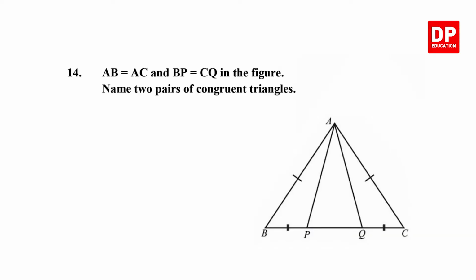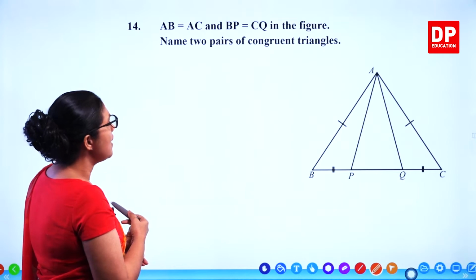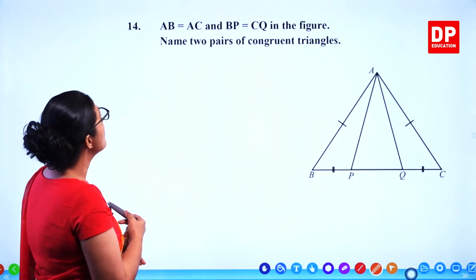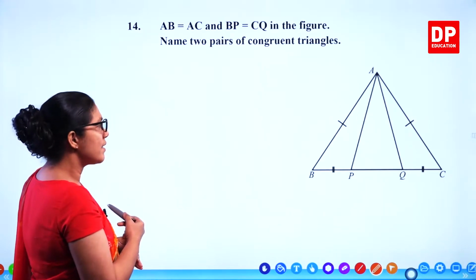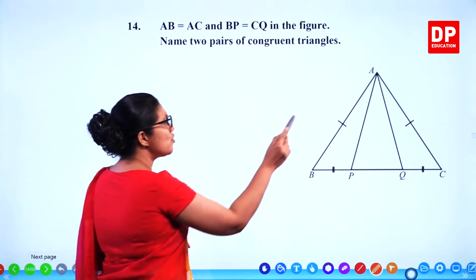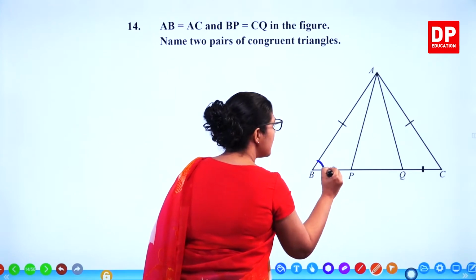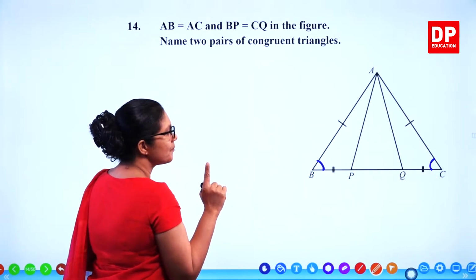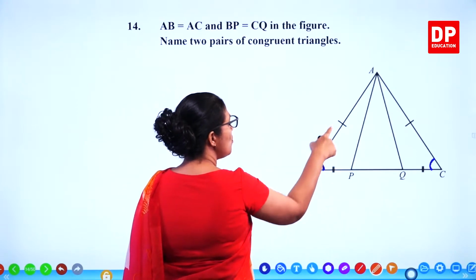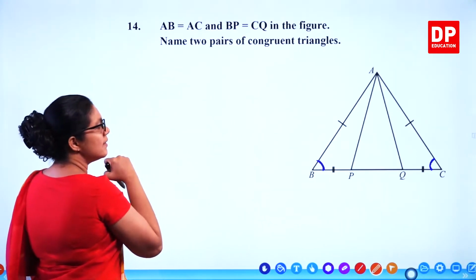Question number 14. AB equals AC. BP is equal to QC in the figure. Name two pairs of congruent triangles. If the two lengths are equal, this angle is equal to this angle. So, isosceles triangle. So, we know two lengths and included angle equal.